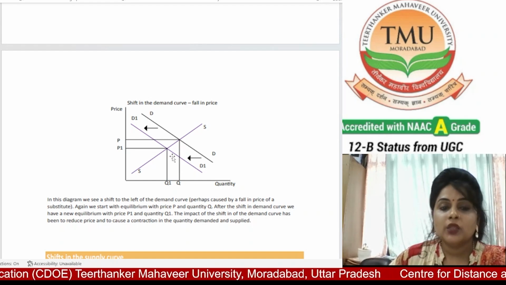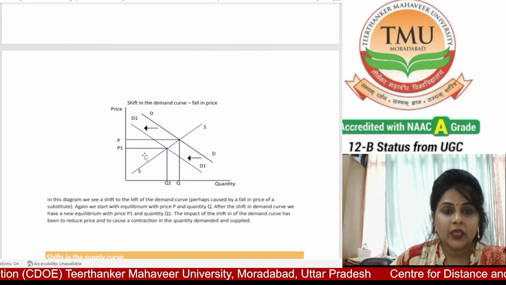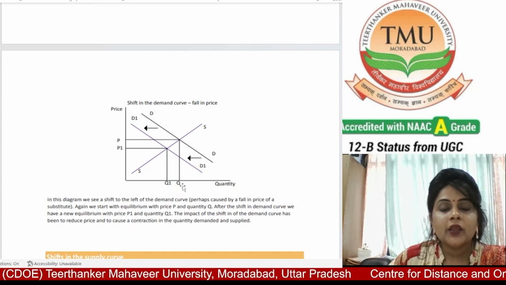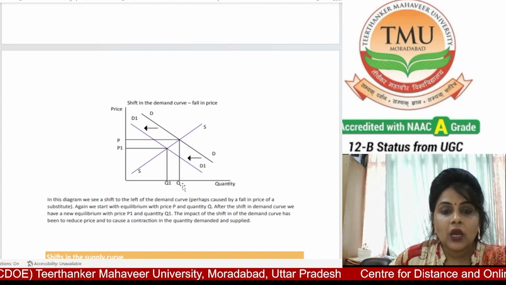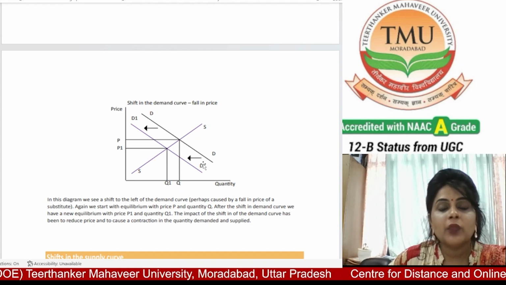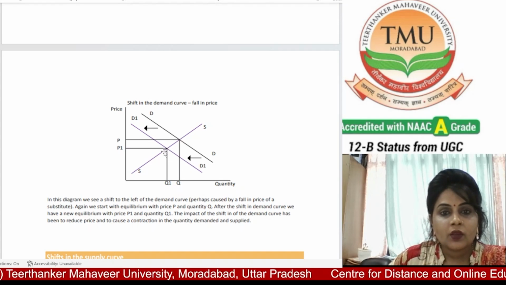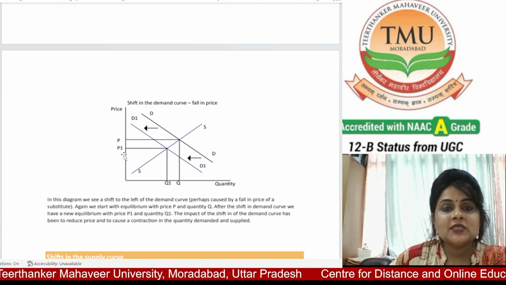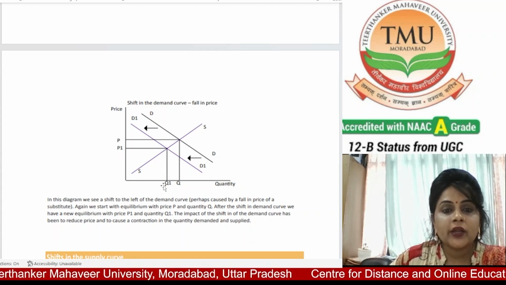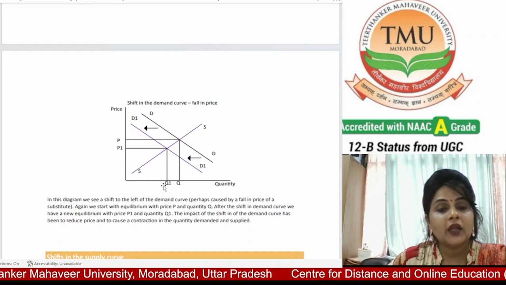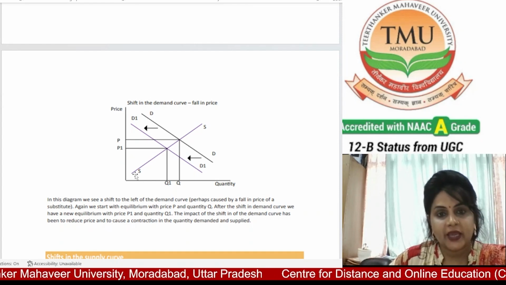Again, we start with equilibrium with price P and quantity Q. After the shift in the demand curve, we have a new equilibrium with price P1 and quantity Q1. The impact of the shift of the demand curve has been to reduce price.